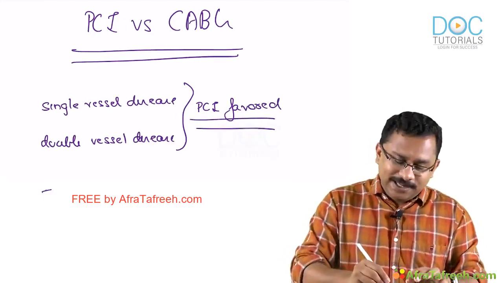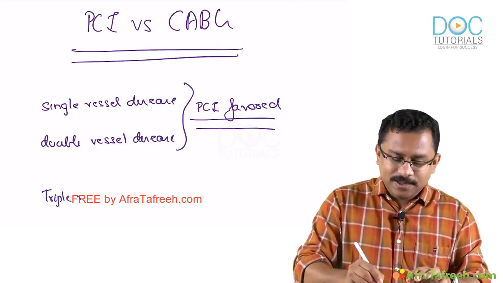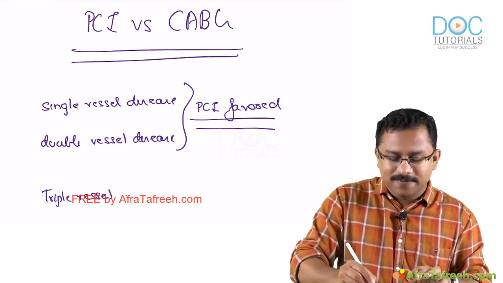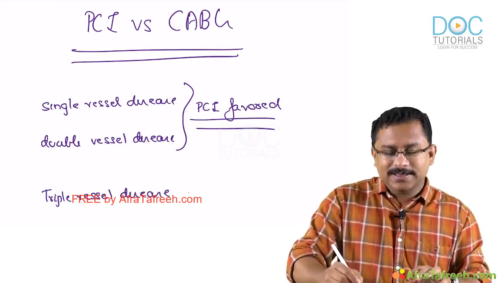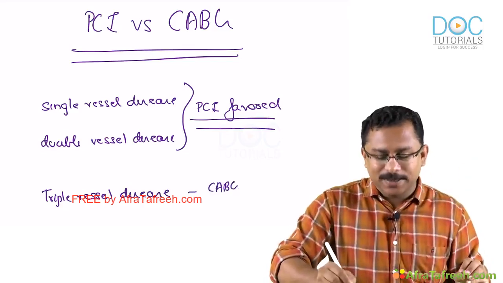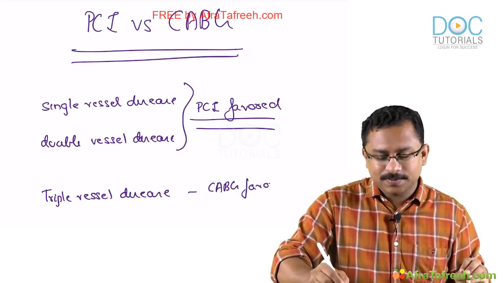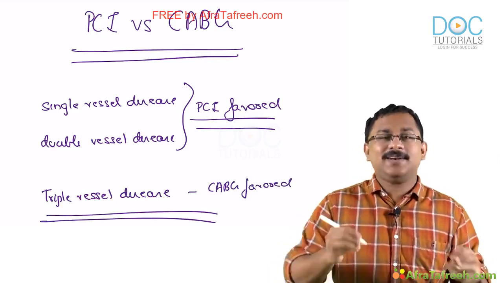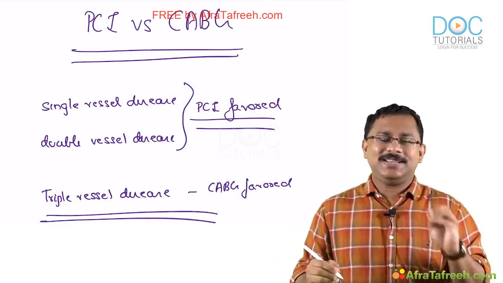But if you have a triple vessel disease, that is, three vessels are involved by atherosclerosis, in that your bypass grafting is favored. CABG is favored. But again, you have exceptions.